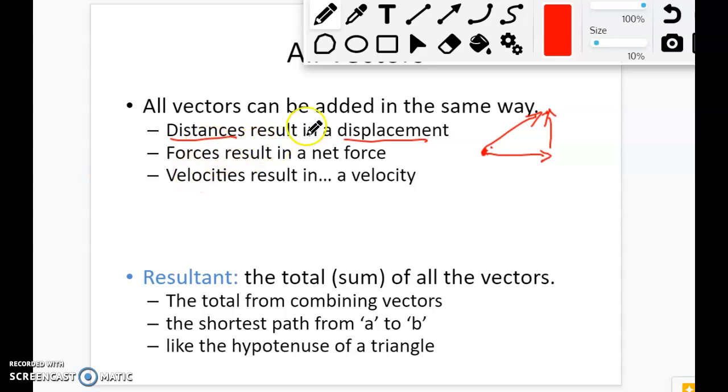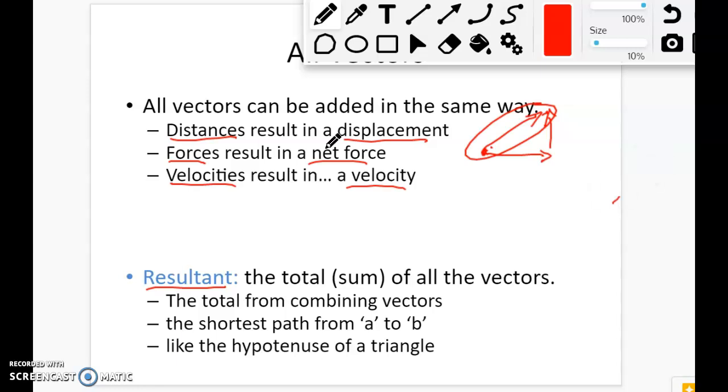But we can also think of this in terms of forces. Forces do the same thing. Forces add up to net forces. Velocities just give us a resultant velocity. But we call this thing that we were working on with displacements, for anything, we call it a resultant. Say that with me, resultant.